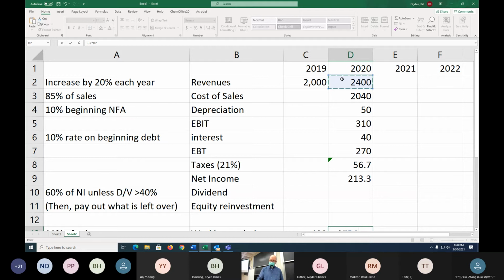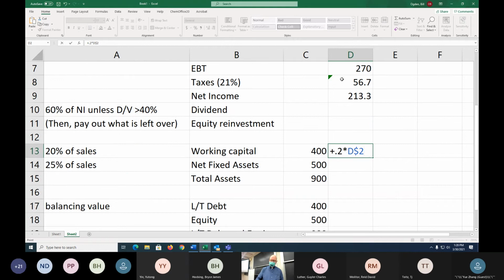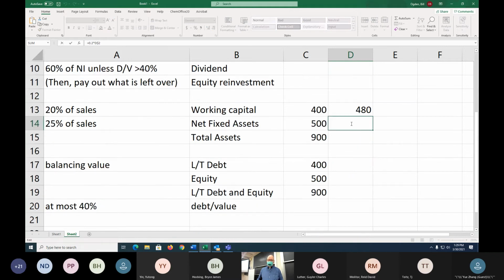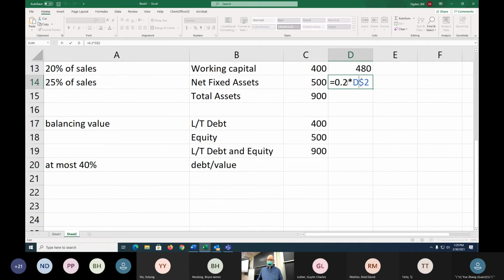I could be a little bit fancy here. Okay, and then fixed assets are 25%. So I'll double click here, and I'll change that to 25. 600. That'll give me a 1080 here, won't it?